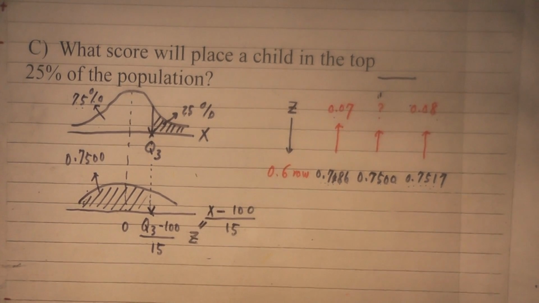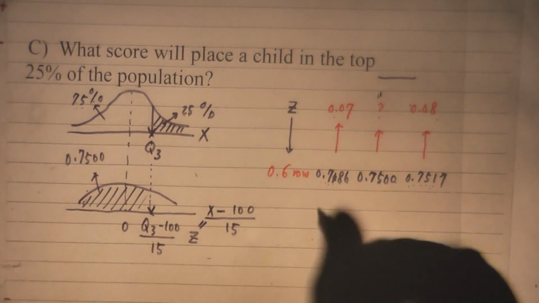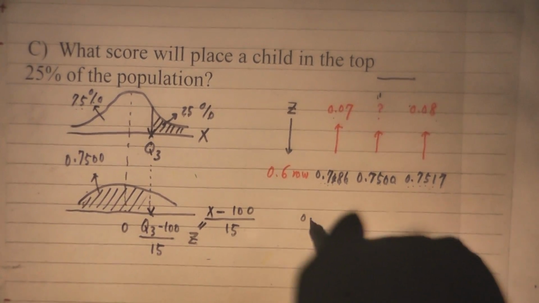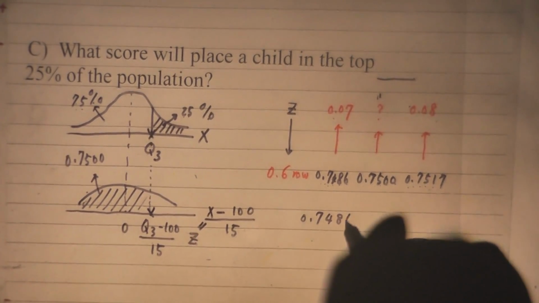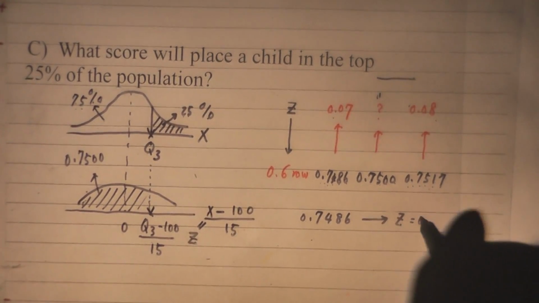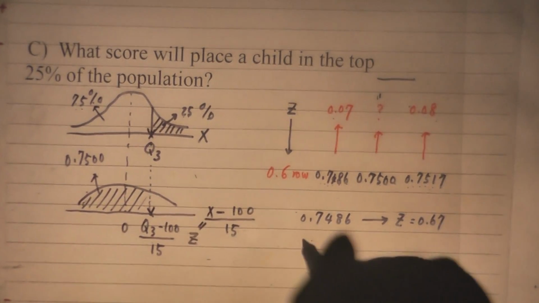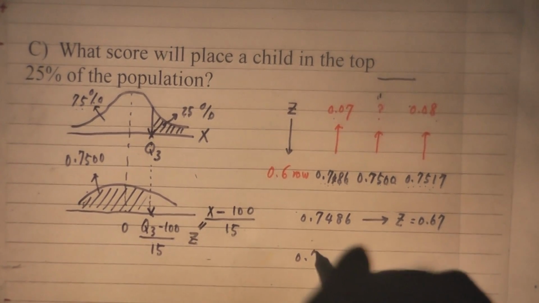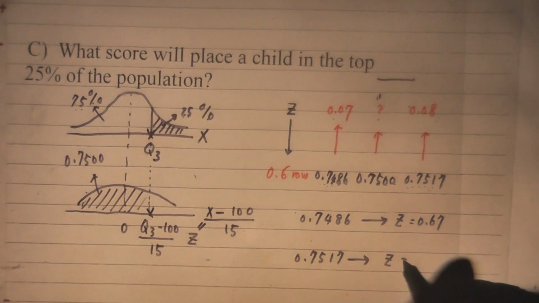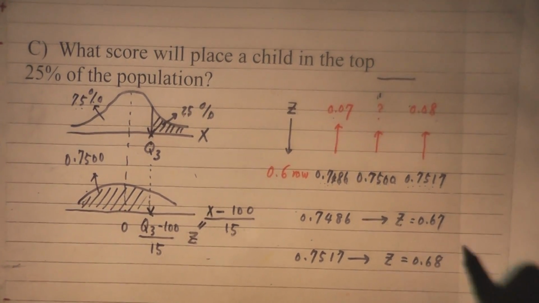For 0.7486, the returned Z-score is 0.67, and for 0.7517, the returned Z-score is 0.68.